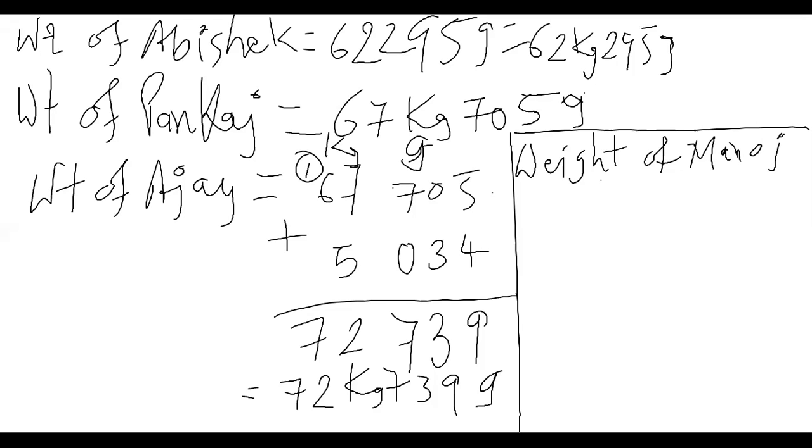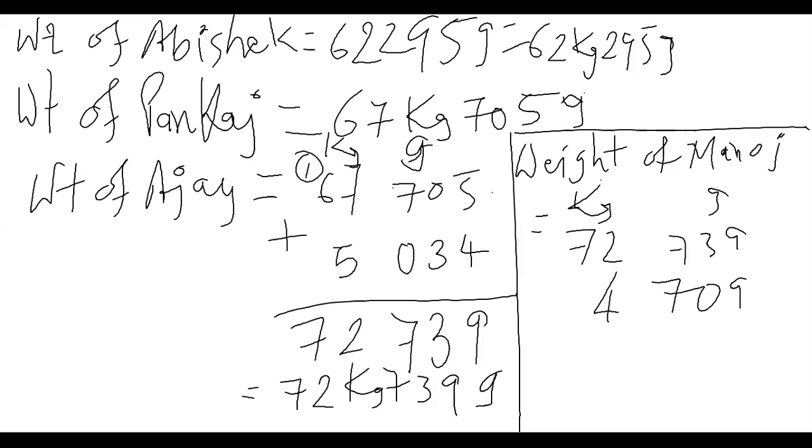So weight of Manoj is equal to weight of Ajay plus 4 kg 709 gram, that is 72 kg 739 gram and 4 kg 709 gram. These two we have to add.